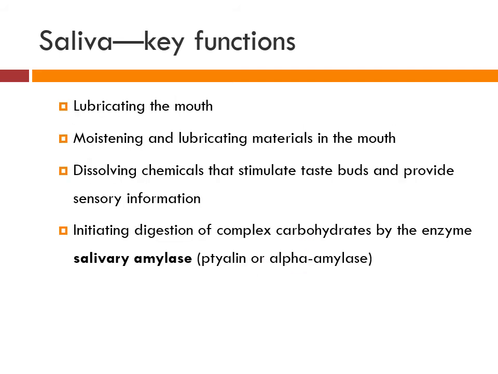Main functions of saliva: lubricate the mouth, moisten the materials that are coming into the mouth, dissolve chemicals that stimulate the taste buds and provide sensory information, and initiate the digestion of complex carbs with salivary amylase. We also produce what's called lingual lipase, and that begins the digestion of lipids.